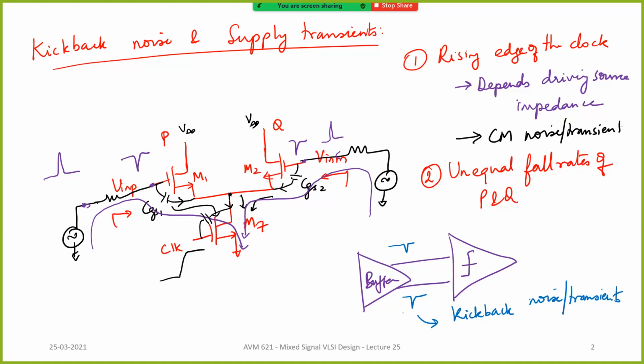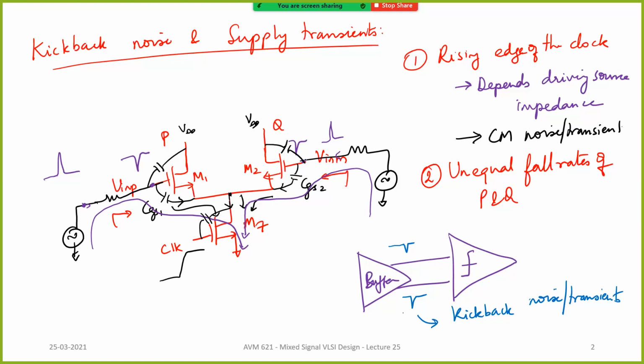Now you know that there is a CGD also, which is coupling here, right? Although in the class I drew them as slowly varying transients, that is actually a blown up or zoomed in view. If you look at the time scales, it will be in the order of some tens of picoseconds, so it is actually a very fast transition.